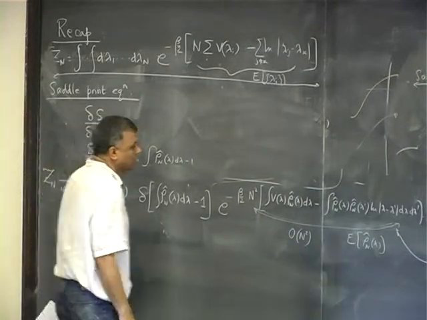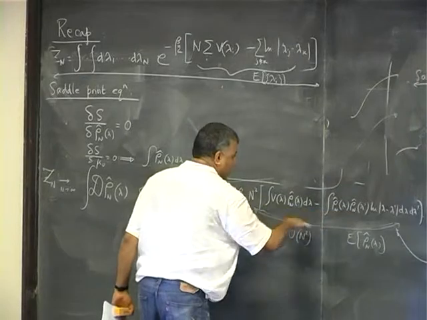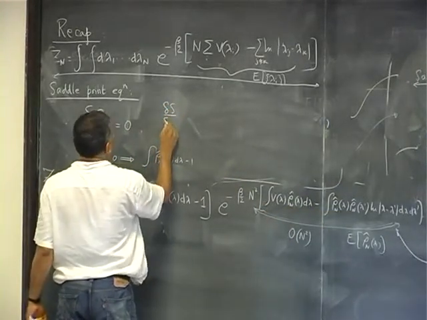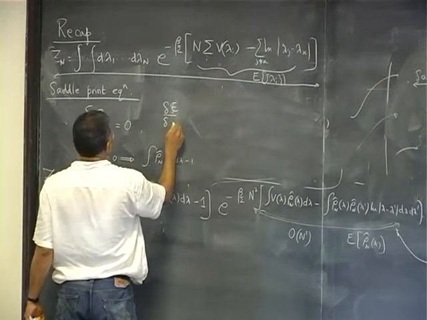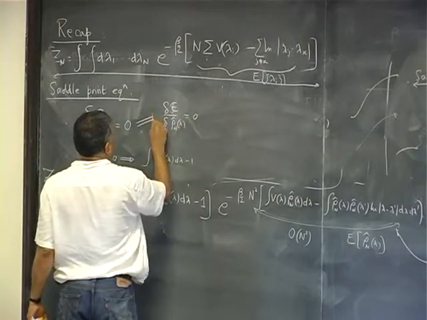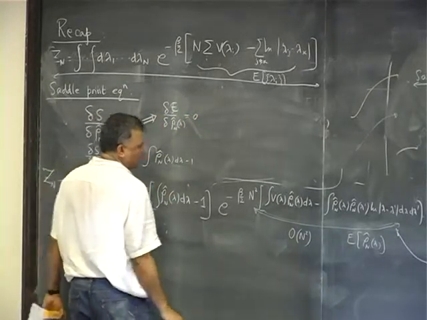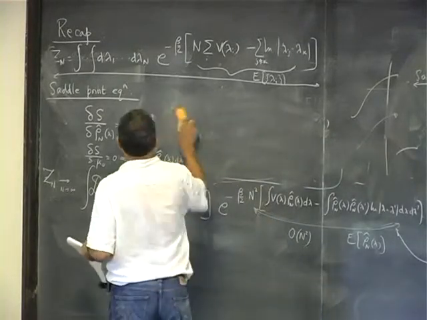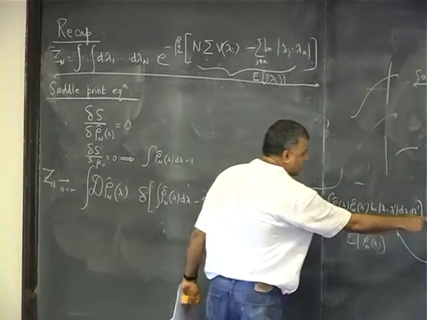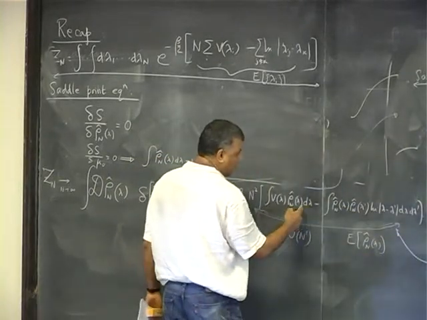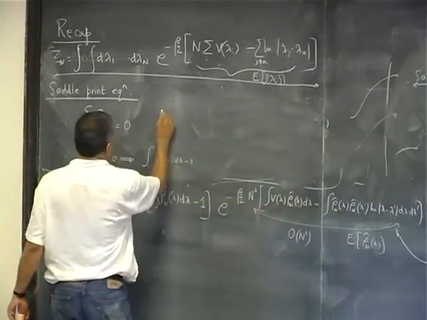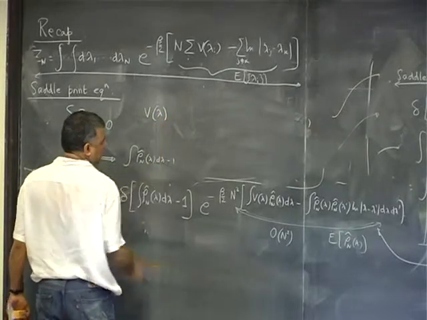When I do the functional derivative, I take this guy here. I want to take the functional derivative of this action with respect to rho n lambda. So first, with respect to E, del E del rho n lambda gives me V of lambda.